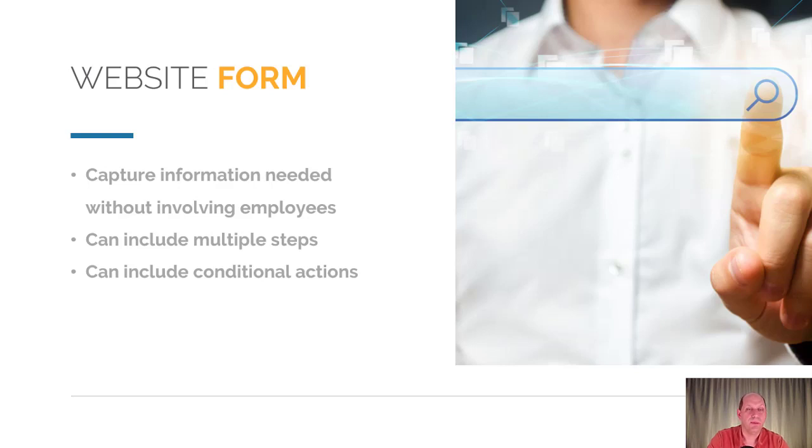The benefit is you can actually capture all this information without involving employees. Hence, right there, you're already improving the process. These forms can get very complex and have multiple steps, which again aids in getting all the information you need. And some of the forms can actually be conditional in the sense that if they select one option, a different path of the flow may be triggered.